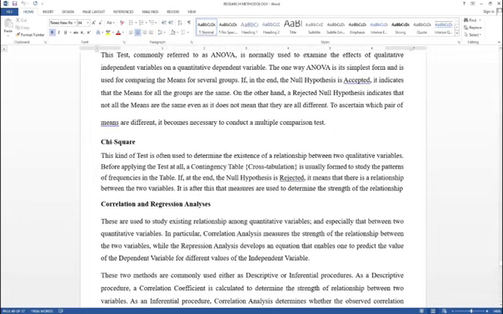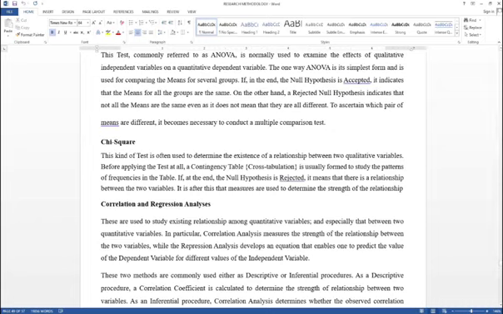These are used to study existing relationships among quantitative variables, and especially that between two quantitative variables. The variables have to be quantitative.